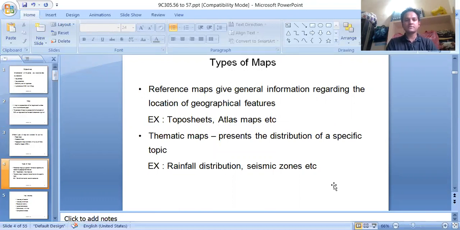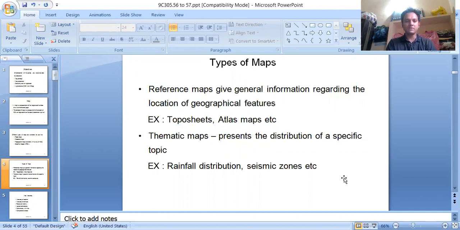Reference maps give general information regarding the location of geographical features. For example, topo sheets, atlas maps, etc. These maps will give us general information about the geographical feature at that place. We have already seen the different topo sheets and atlas maps. So these are the examples for reference maps.